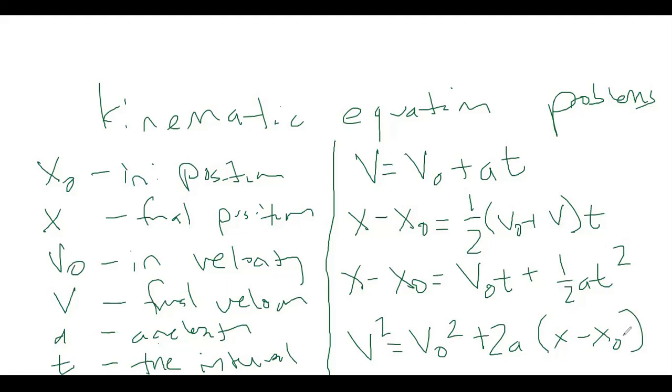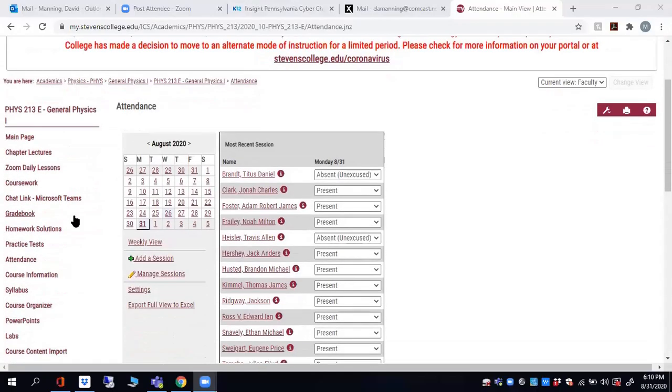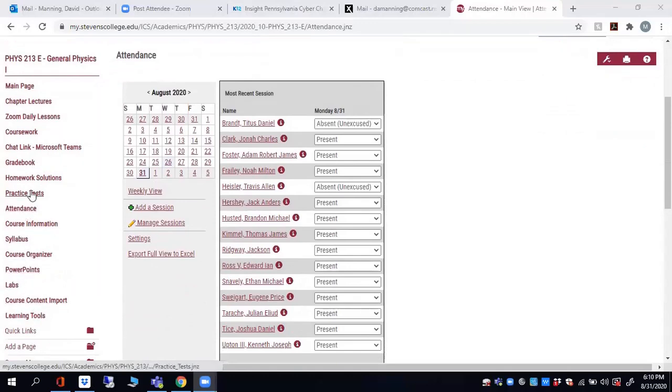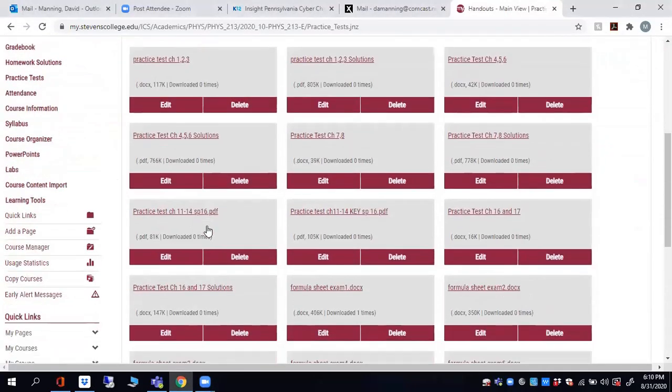So does everybody have a formula sheet, or a piece of scrap paper you can write those formulas down on? There is a formula sheet in the portal that you can use for this entire unit. Oops, I just stopped my video. For the whole unit in the portal, over here under practice tests, there's a formula sheet for exam 1.